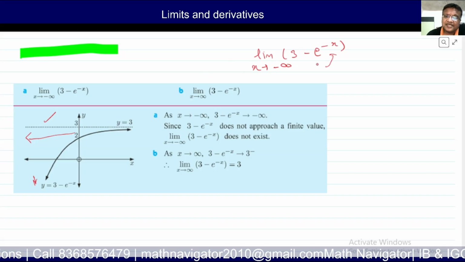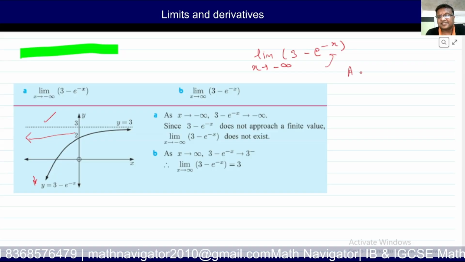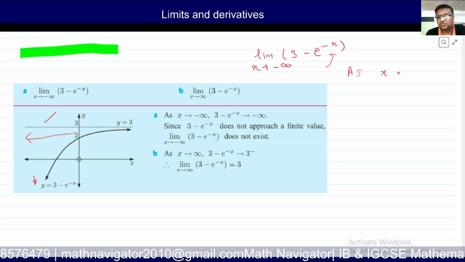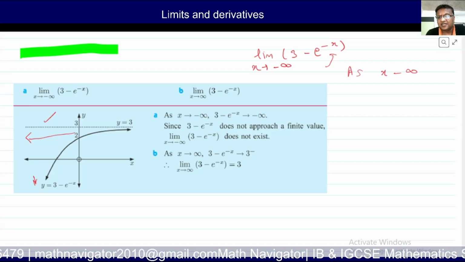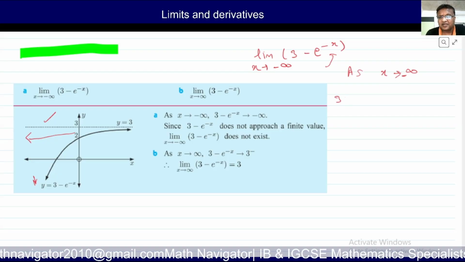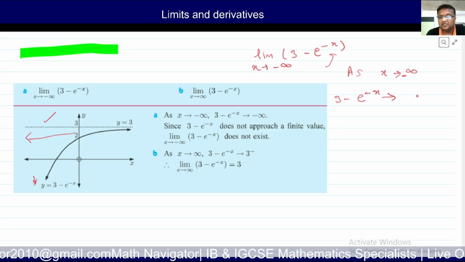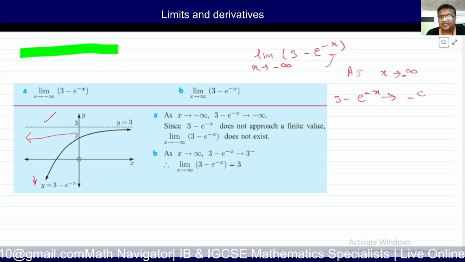So as x tends to negative infinity, 3 minus e raised to the power minus x tends to negative infinity.